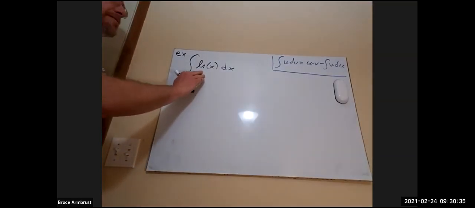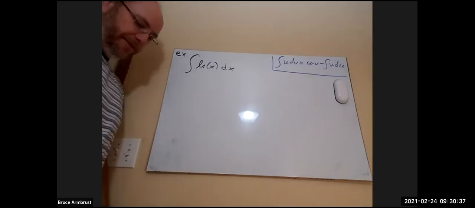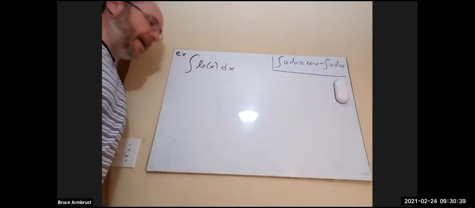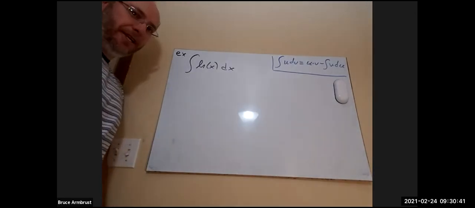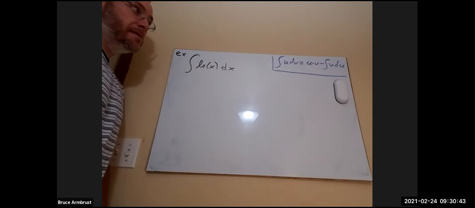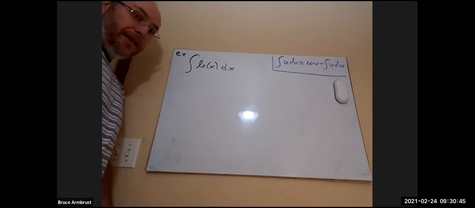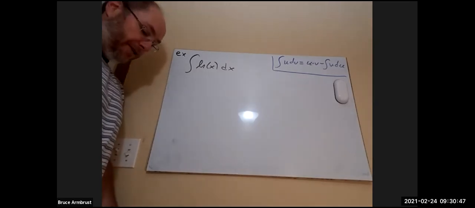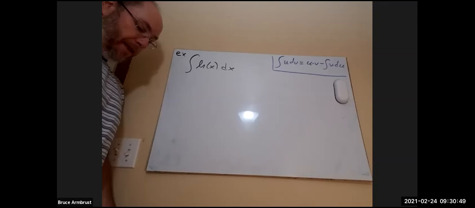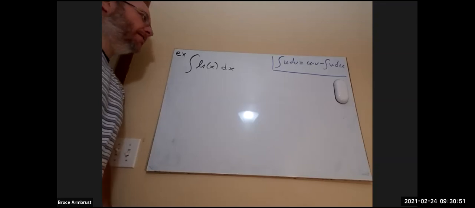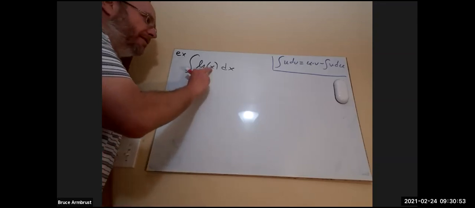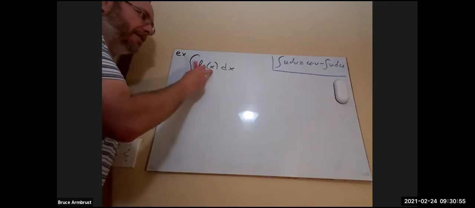So let's look at just plain old natural log of x dx. Looking at that, you may not think to use integration by parts. However, we can definitely use integration by parts. If I pick my u, my choices are, well, I don't have choices. I've got natural log.